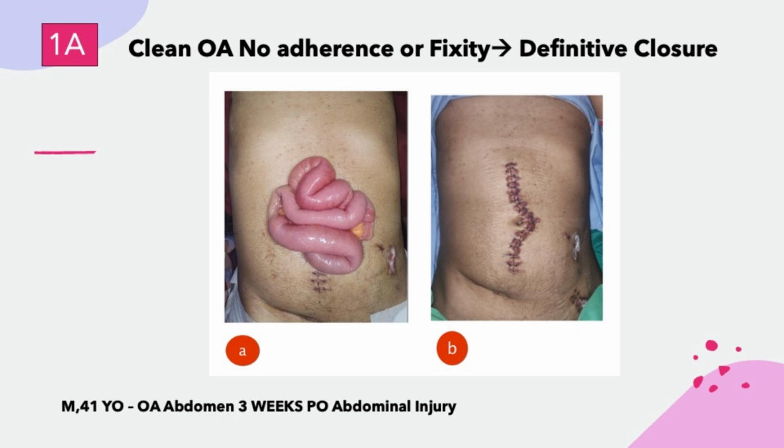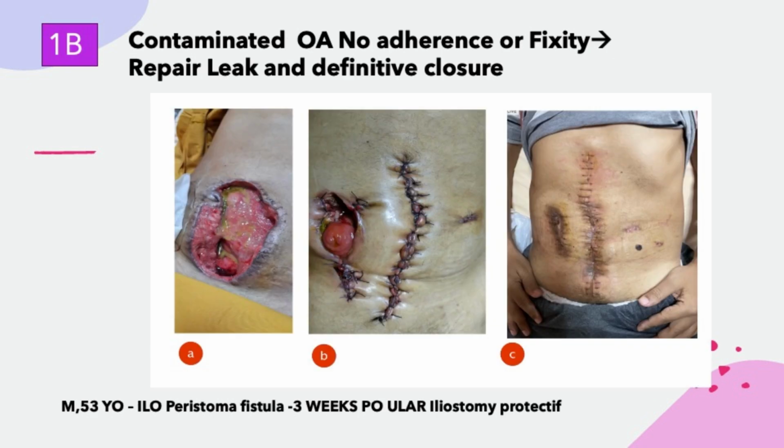and promote recovery. A case of a 53-year-old male with a contaminated open abdomen following the development of an ileostomy fistula 3 weeks post ultra-low anterior resection with protective ileostomy. Image A shows the contaminated OA with no significant adherence or fixation but with a visible fistula and surrounding tissue inflammation.